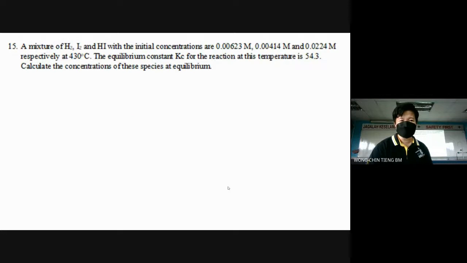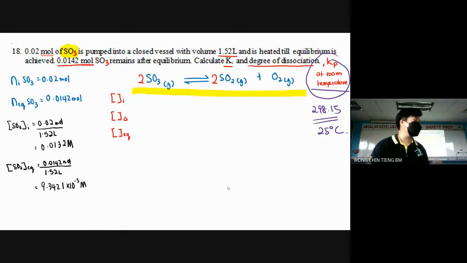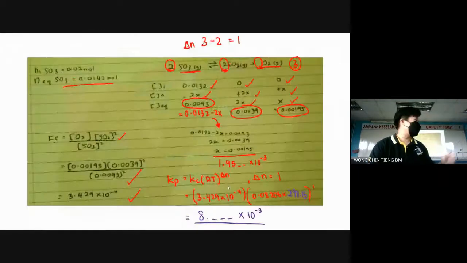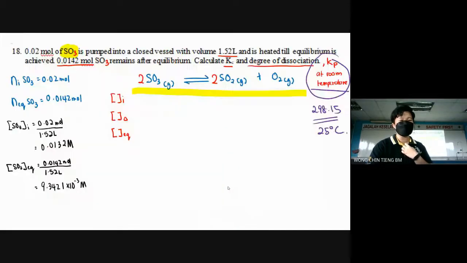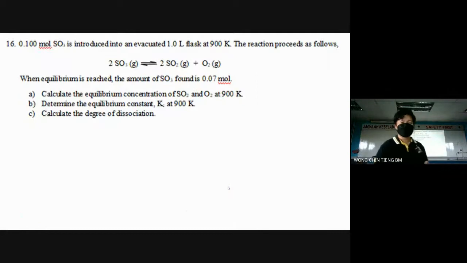Bukan 17, 15. Betul? Aku duk tunggu dari tadi, tak ada siapa tanya. Soalan 20 ada, tapi soalan 20 saya nak kamu hantar. Soalan 19, tapi tak ada siapa tanya. Aku macam kagum.